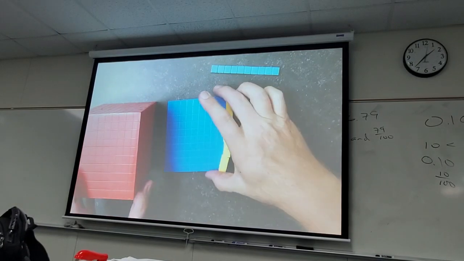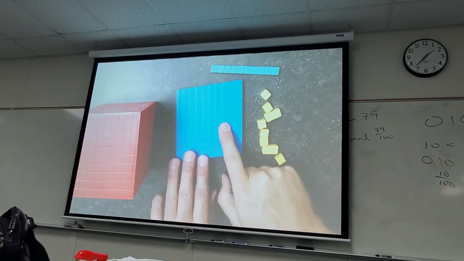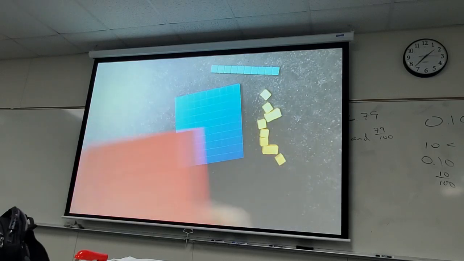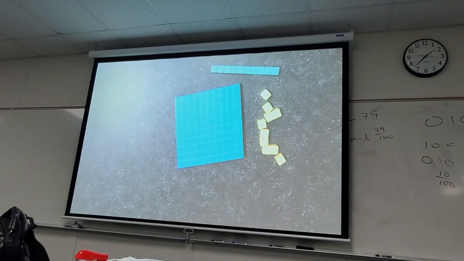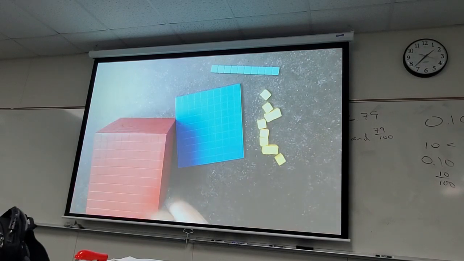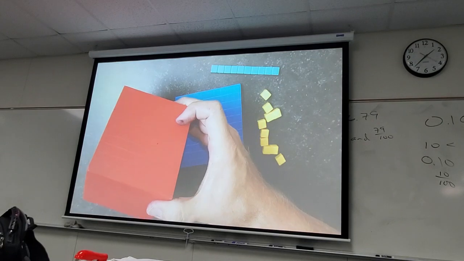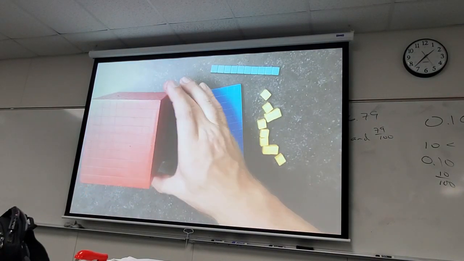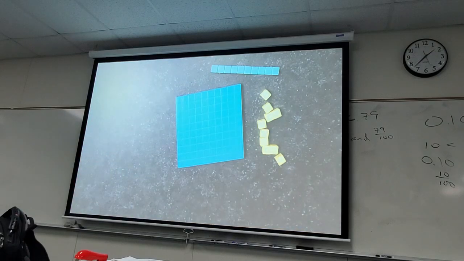If I use a flat, that's a great way to get out to the hundredths place. Obviously, if I want to get out to the thousandths place, I would have to use this cube, right? So what would 1/10 of this shape be?